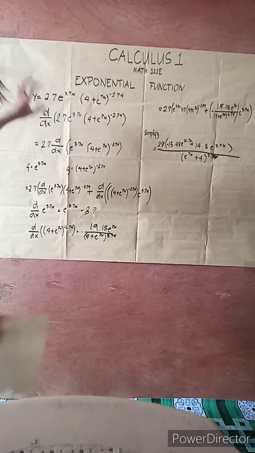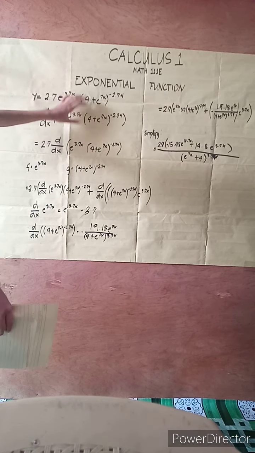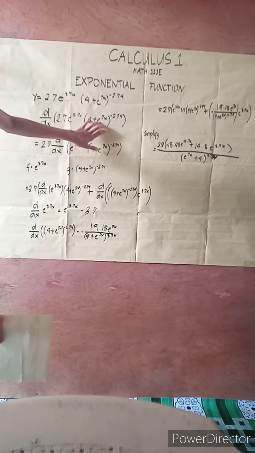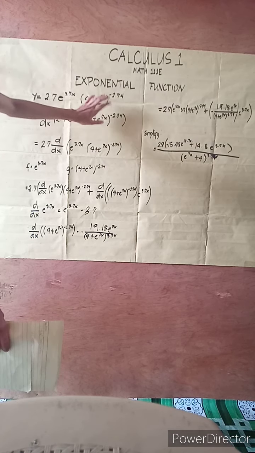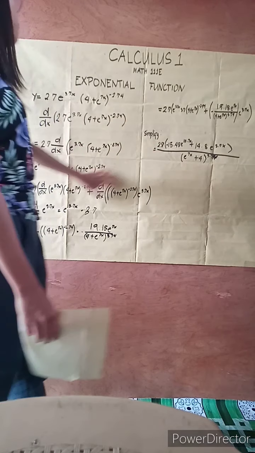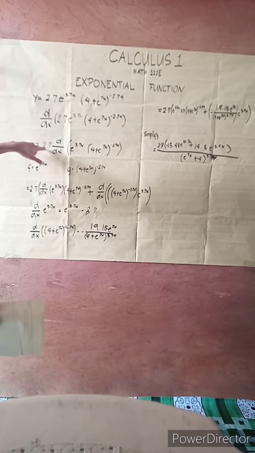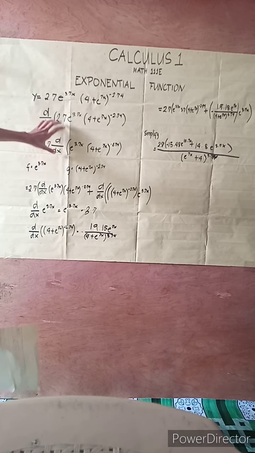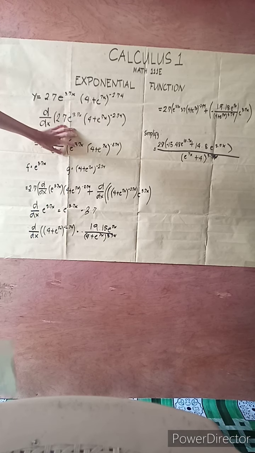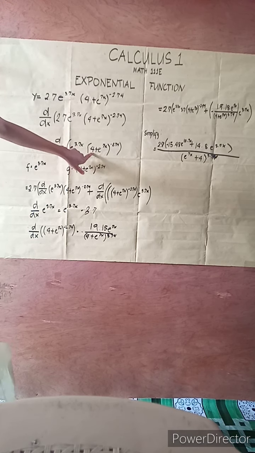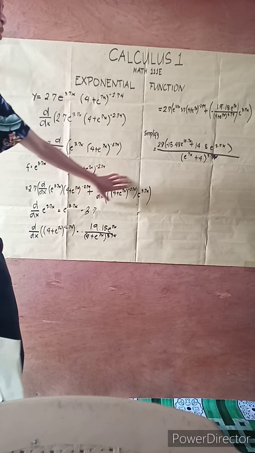The derivative of 2.7e raised to the power of 3.7x times (4 plus e raised to the power of 7x) raised to the power of negative 2.74. So, take the constant out: 2.7 times the derivative of e raised to the power of 3.7x times (4 plus e raised to the power of 7x) raised to the power of negative 2.74.